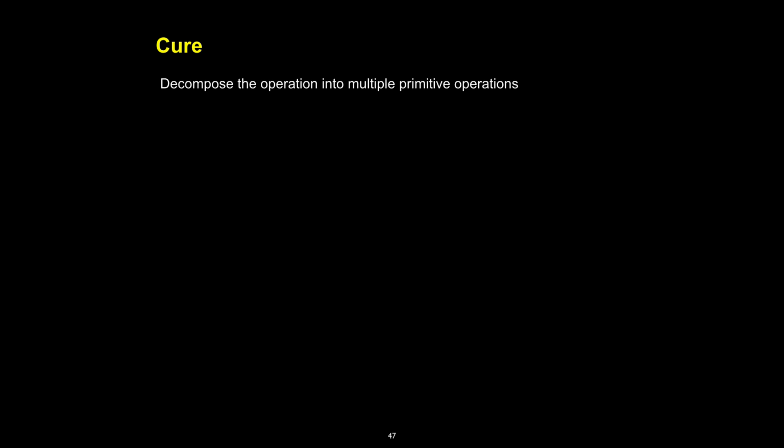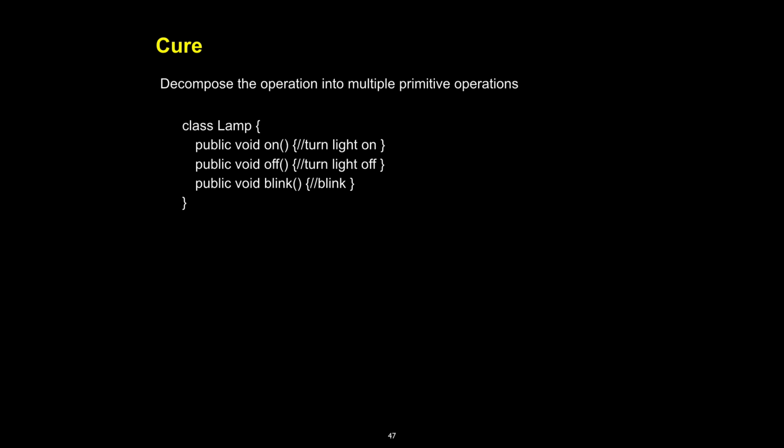So he says the cure is, well, just break the operation into separate pieces, right? So have on, off, and blink functions. Now that's part of the public interface, so the public world knows what we can do, and we don't have to guess that 3 is blink.